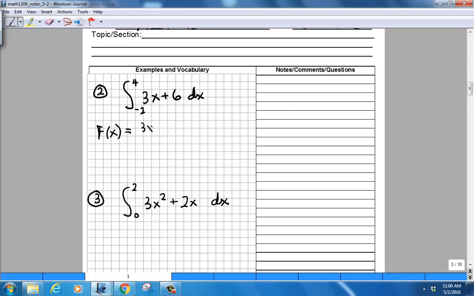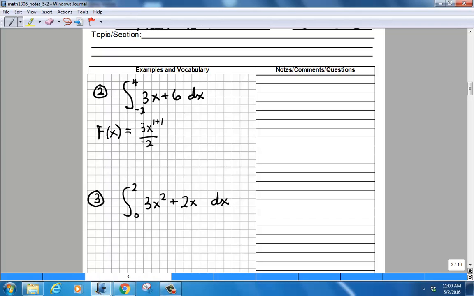All I have to do is add 1 to the exponent instead of subtracting 1, because if you're finding the derivative, you subtract 1. This exponent is 1. And then what am I going to divide by? 2, right. Divide by your new exponent. So I claim that 3x squared over 2 is the antiderivative of 3x.